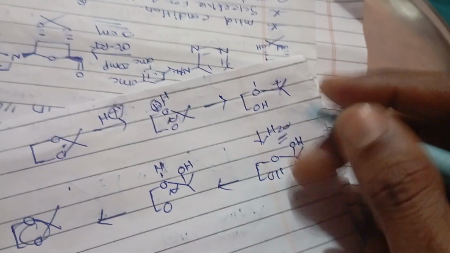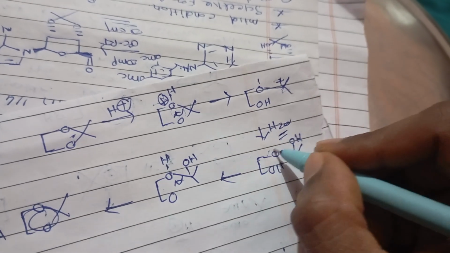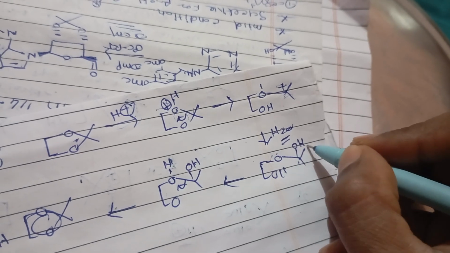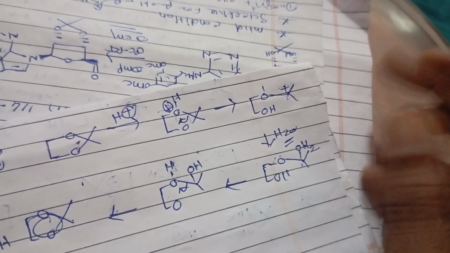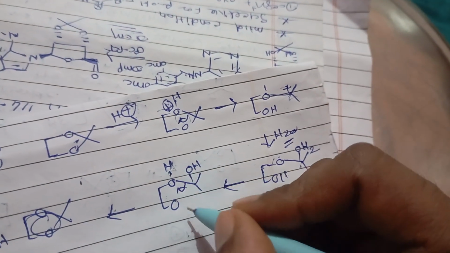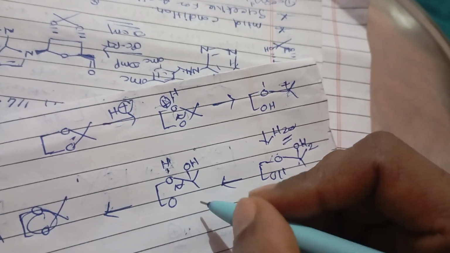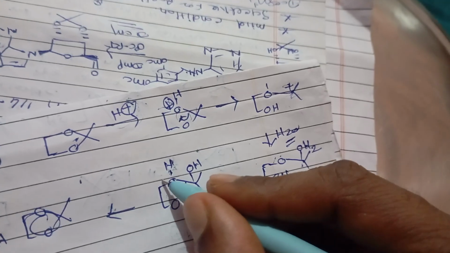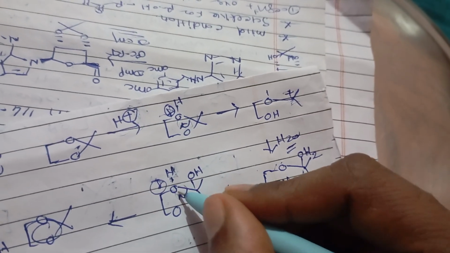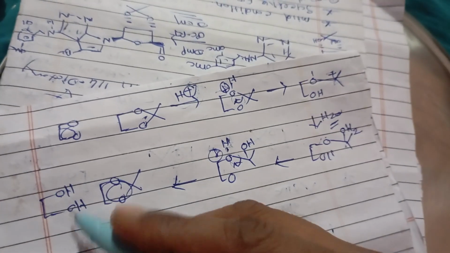In the next step, a proton transfer takes place. This OH2 transfers a proton and this becomes the OH. Now to neutralize this positive charge, the bonding electrons are shared to the oxygen and you get this diol.